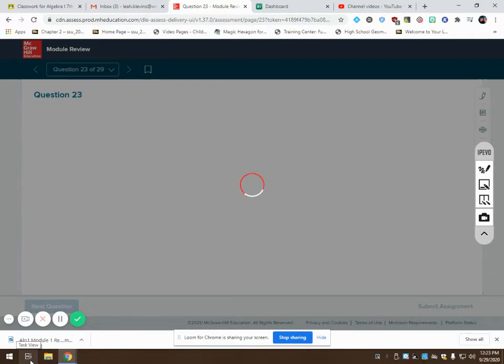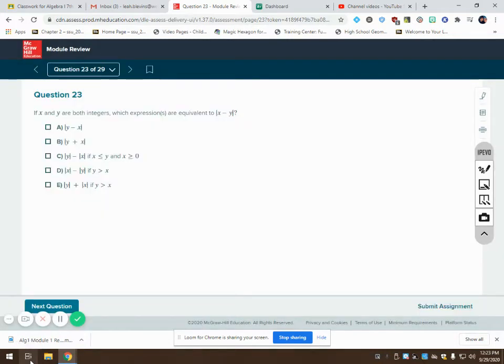Number 23. If x and y are both integers, which expressions or expression are equivalent to the absolute value of x minus y? Well, I like to just go through and pick some values here. If I look at this, it's looking at all the instances where x is smaller than y.